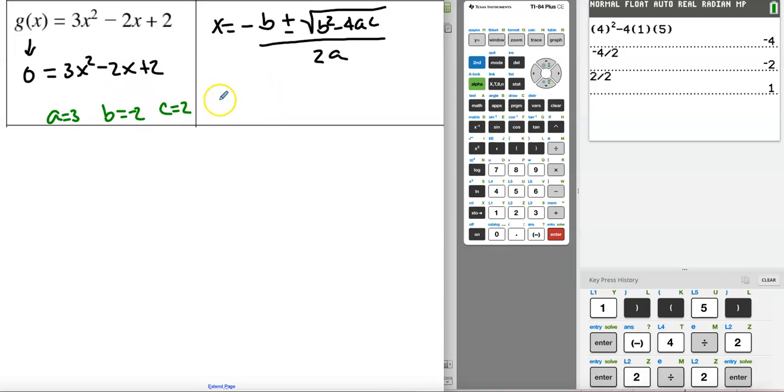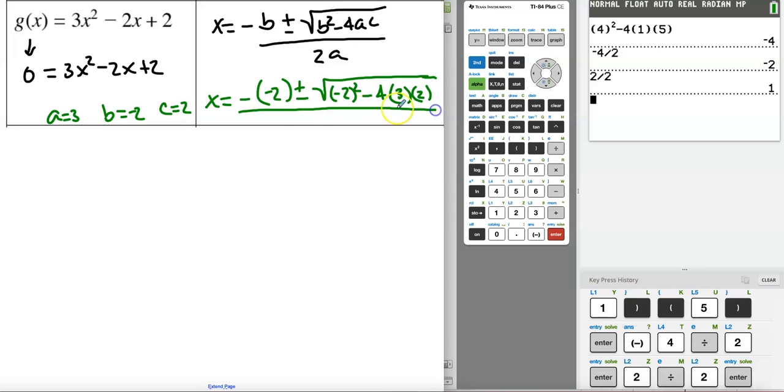So we substitute our values in. So x is equal to negative, open parentheses, b is negative 2, plus or minus the square root of b squared, so negative 2 squared minus 4 times 3 times 2, and then this is all divided by 2 times 3 over here.